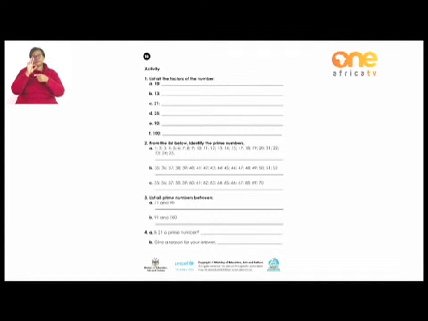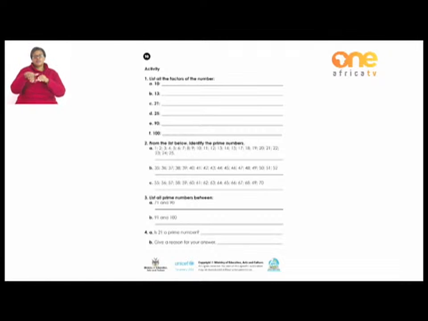So there are numbers listed there from 1 until 25. You only need to choose which numbers are prime numbers, and then you write them in the space provided. You do the same with B and also with C. 3, you need to list all prime numbers between 71 and 90.